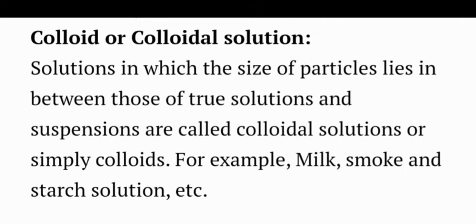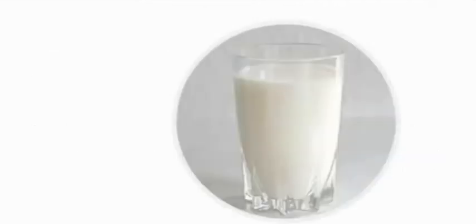We can take an example like milk. In milk, when we add water and milk, then it dissolves. Means it is a colloid solution and its particles lie in between solution and suspension. Then its characteristics.